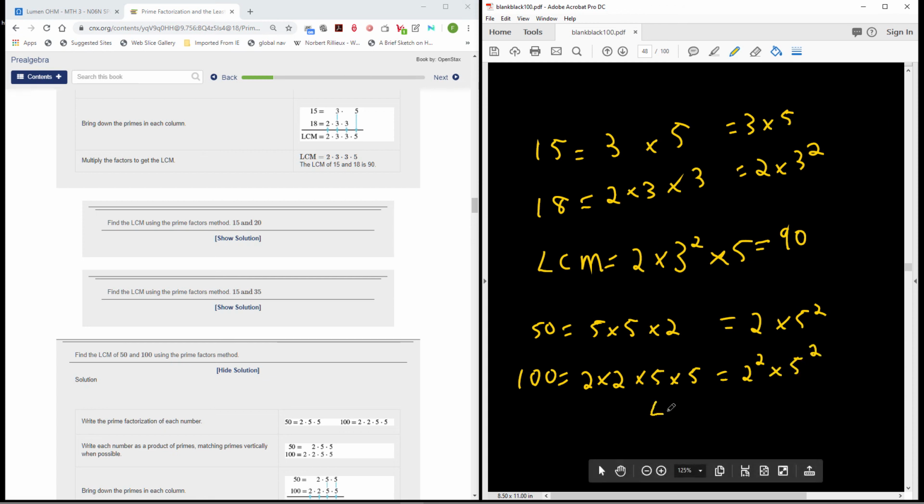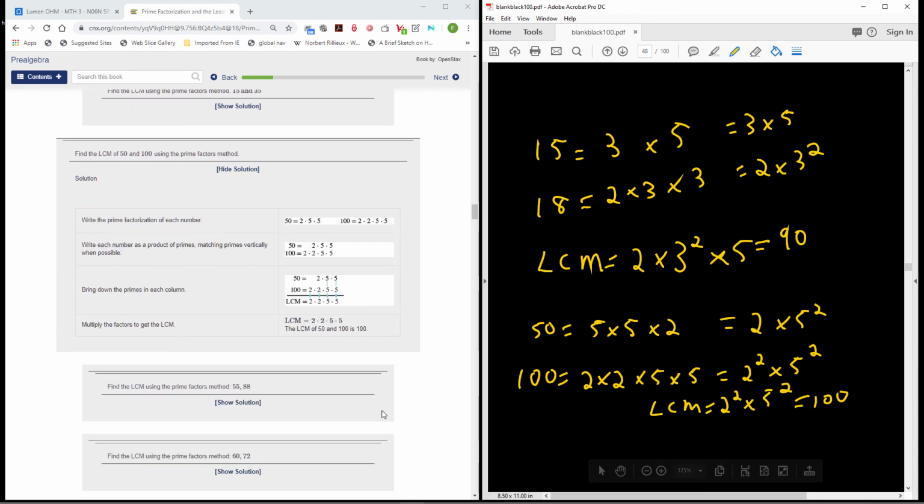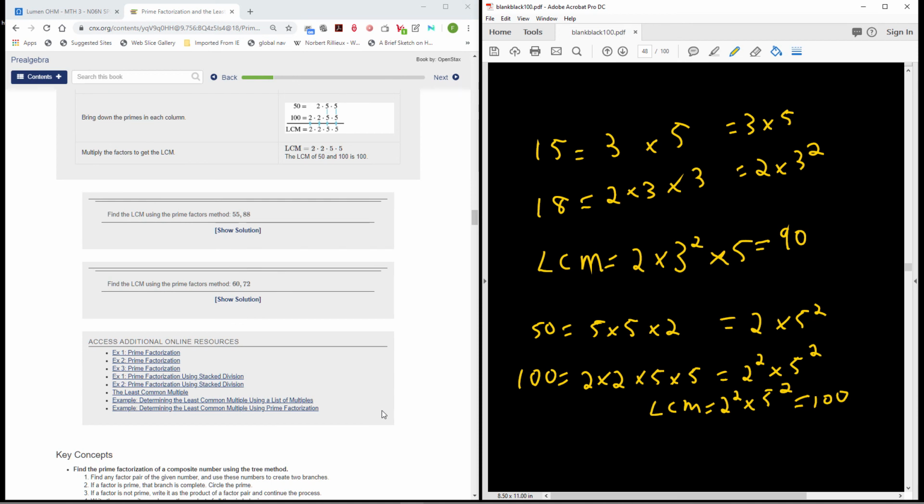So my LCD is going to be the greatest occurrence of 2's times the greatest occurrence of 5's, which is 2 squared times 5 squared, which is equal to 100. That's the smallest number that both of them will go into evenly. And that finishes 2.5.